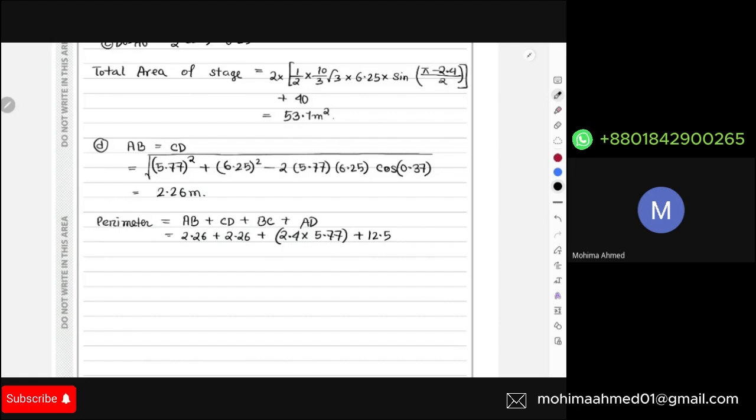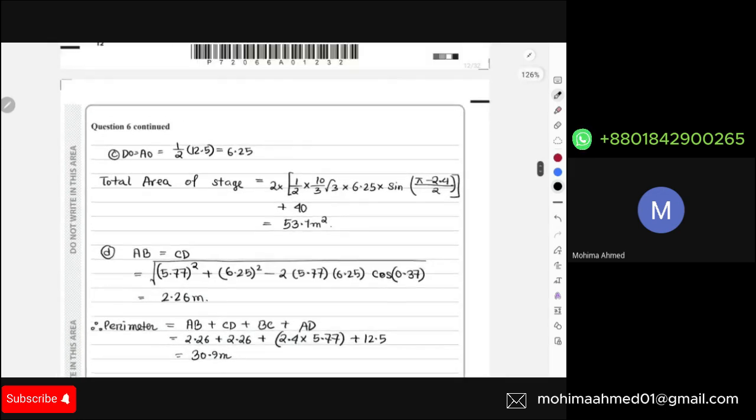So this multiplied with 2 plus 5.77 times 2.4 plus 12.5. So you get 30.869. You can approximately write 30.9 meter as your final answer for the perimeter.